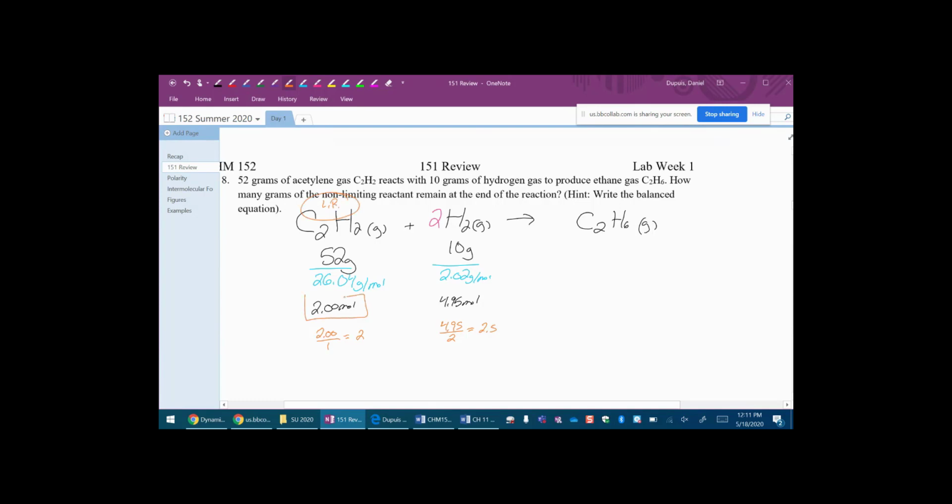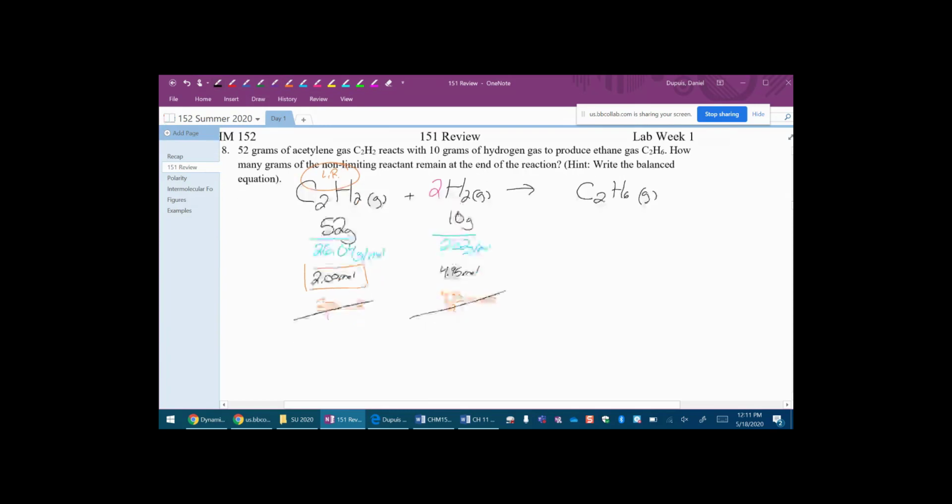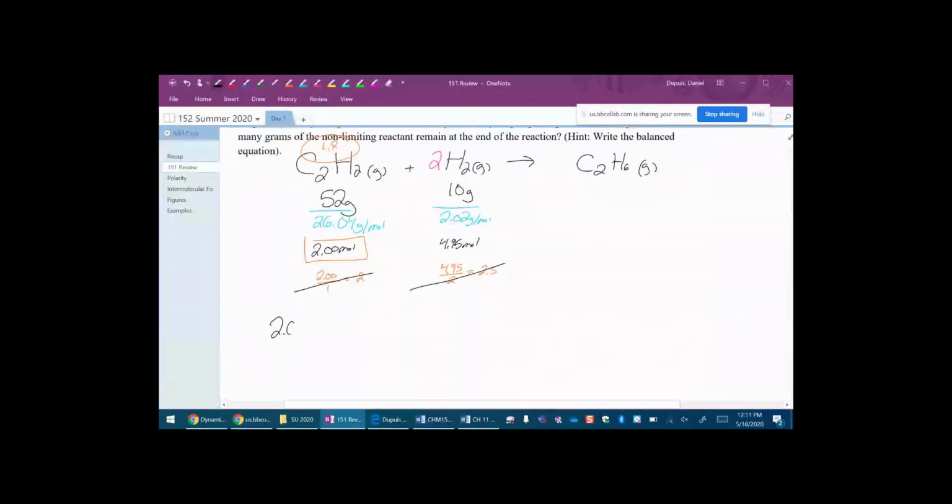I start with the 2 moles, and we don't worry about these. All right, so 2 moles C2H2. Now we're looking for how much hydrogen is left over in grams.